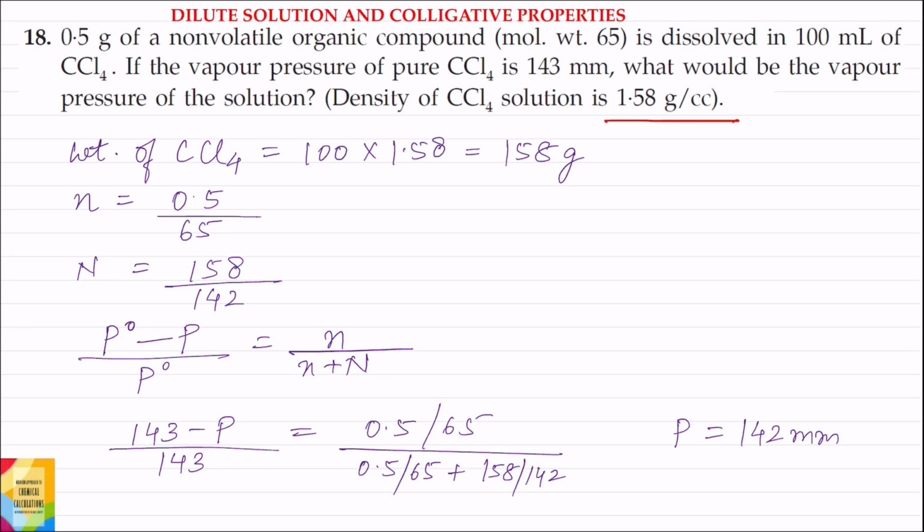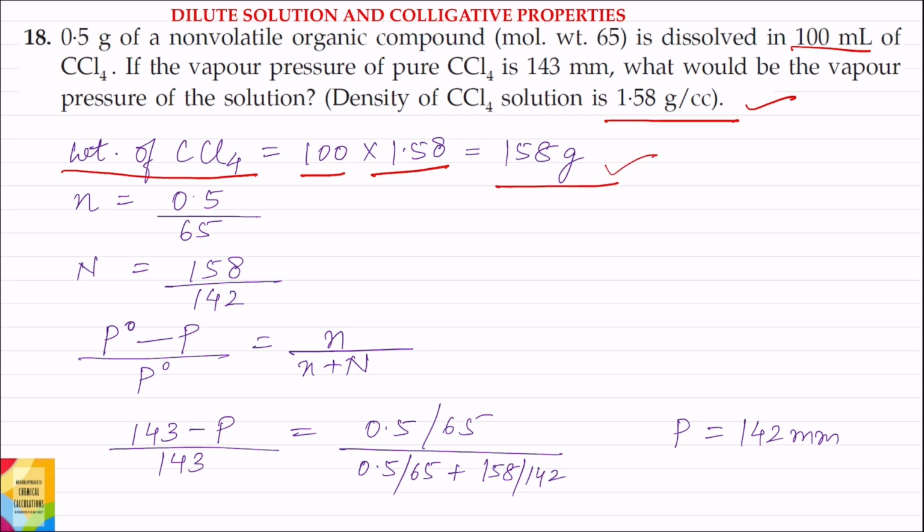Volume of carbon tetrachloride is given as 100 milliliter and its density is also given. So we can find the weight of the solvent as volume into density, which is equal to 100 into 1.58, and this is equal to 158 gram. So this is the weight of the solvent.